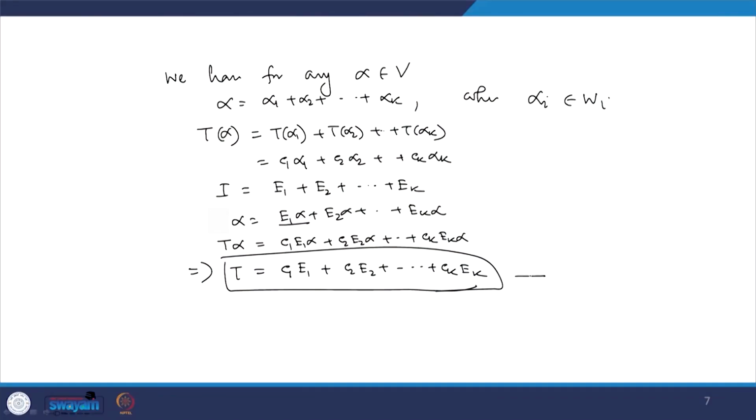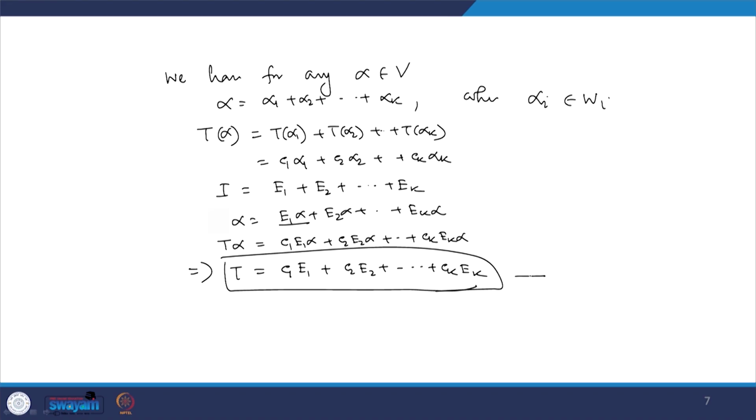Now, this information will certainly help to talk about the structure of the projection operator as a function of T, because the projection operators E1, E2, Ek all belong to L(V, V).